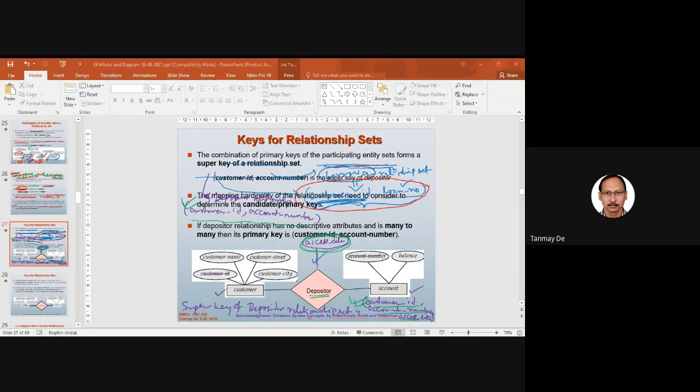So in that case, the combination of customer ID and account number is the primary key. But here the relationship is many to one. So the primary key of the relationship set depositor is the primary key of the entity set that belongs to the many side. Which entity set belongs to the many side? The customer entity set.